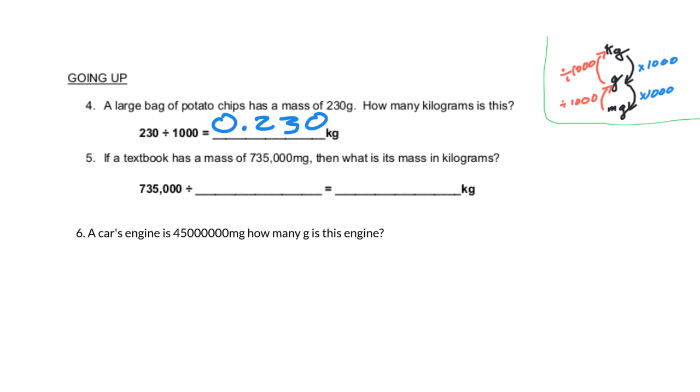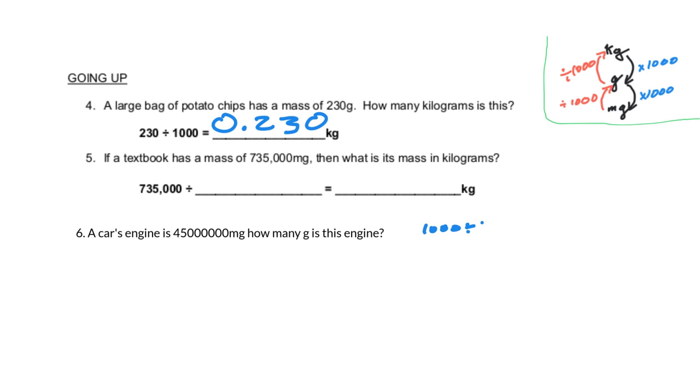Okay, so now we got to figure out how many thousands we have. So we gotta divide it by 1,000. You look here, we're just gonna have to go from milligrams all the way up to kilograms. So we're gonna divide by 1,000, then we're gonna divide by 1,000. So if you want, you can write on your sheet the following. Divide by 1,000.